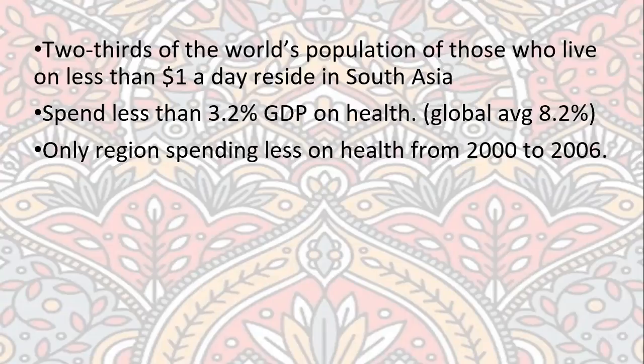And as we said earlier, they're doing better, but this still needs to be improved. And it's the only region spending less on health from 2000 to 2006. So there's definitely much that needs to be done to help the standard of living of those that live in South Asia.